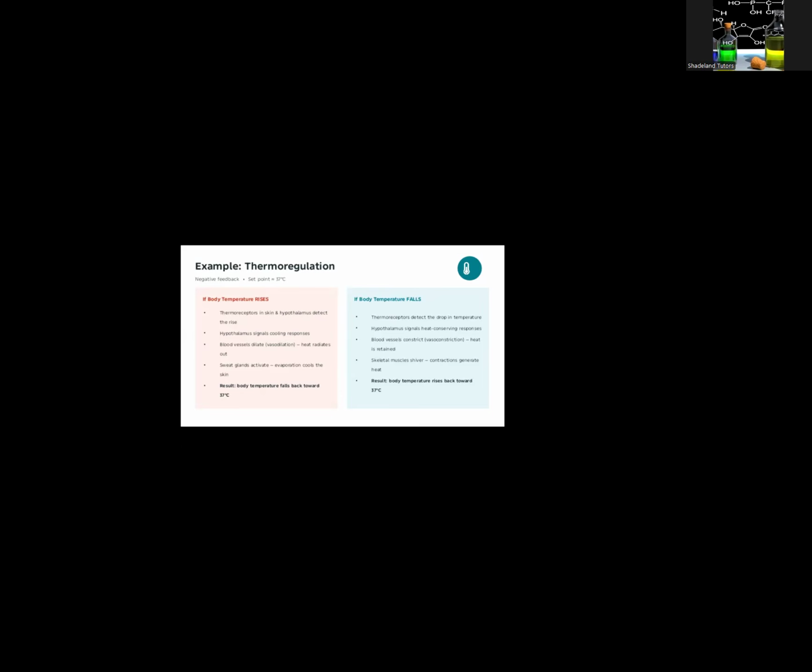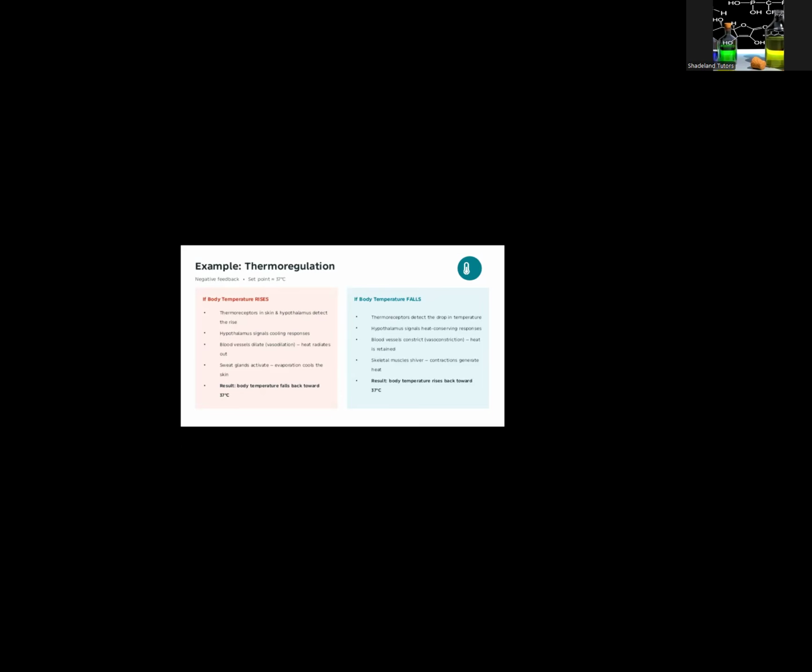Then for the skin, the homeostatic function is thermoregulation. The protection I mentioned, production of vitamin D, sensitivity, all those are not homeostatic functions. They are just other functions of the skin.